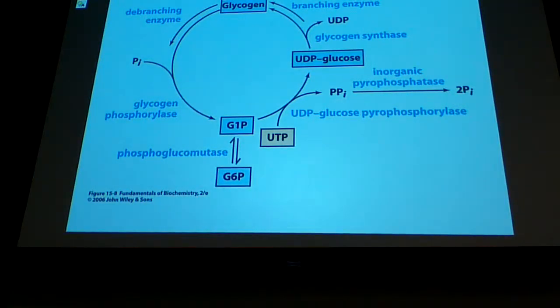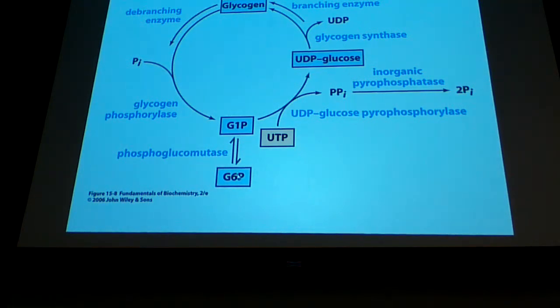So this figure kind of shows our cyclic process here for getting glucose out of glycogen, putting glucose back into glycogen. We already saw the debranching enzyme and the phosphorylase to get to glucose 1-phosphate, which can be converted to glucose 6-phosphate. To go back the other way, it is specifically these steps that occur through an alternate pathway. So this first one, the glucomutase, is pretty much at equilibrium.